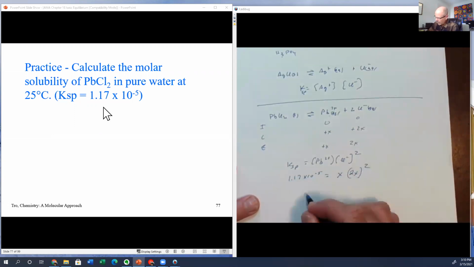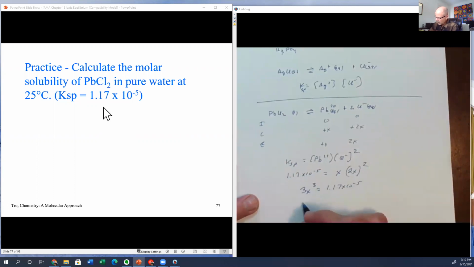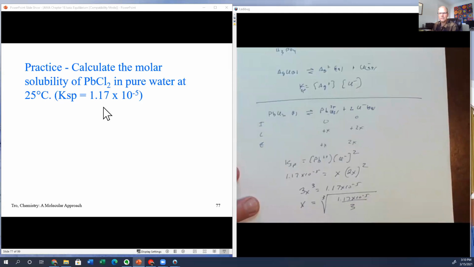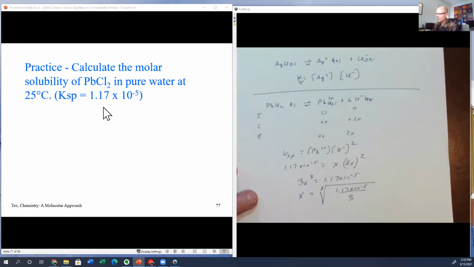So what do I have? 3x cubed is equal to 1.17 times 10 to the minus 5. So x is equal to the cube root of 1.17 times 10 to the minus 5 divided by 3.